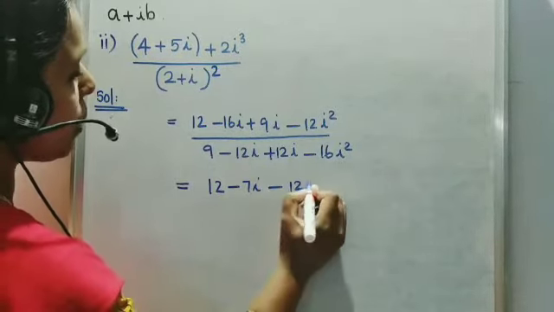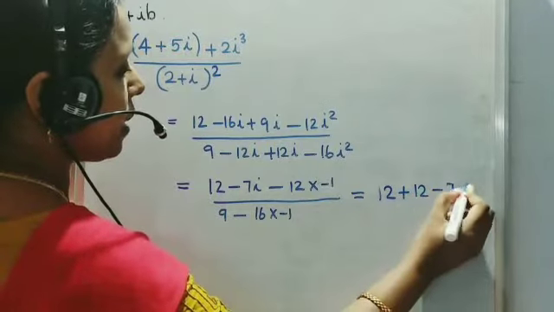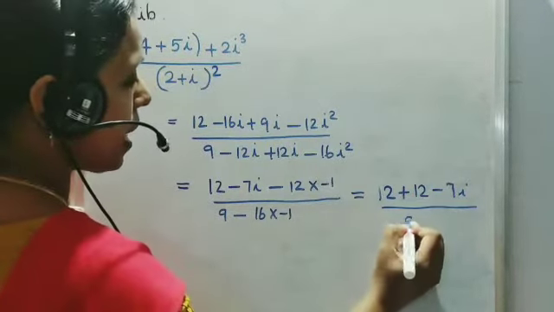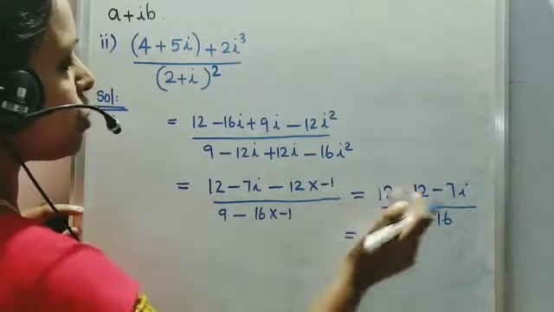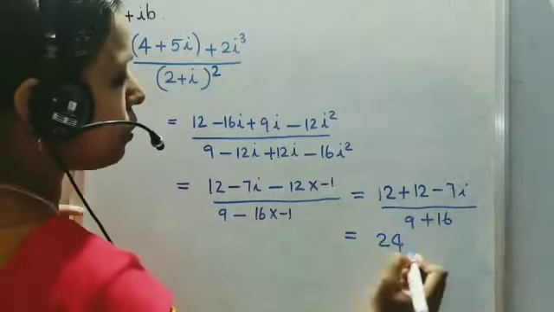Now we get 12, negative 12 into negative 1, that is plus 12, minus 7i, divided by 9 plus 16. That is equal to 12 + 12 is 24, so 24 − 7i divided by 25. Now we get 24 by 25 minus 7i by 25.